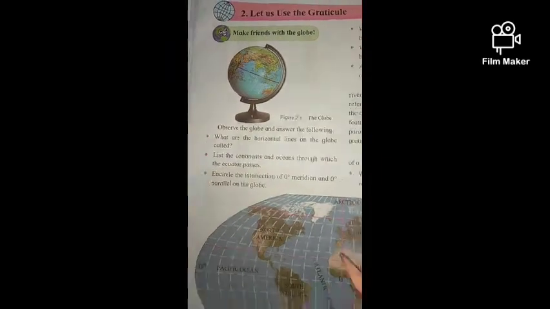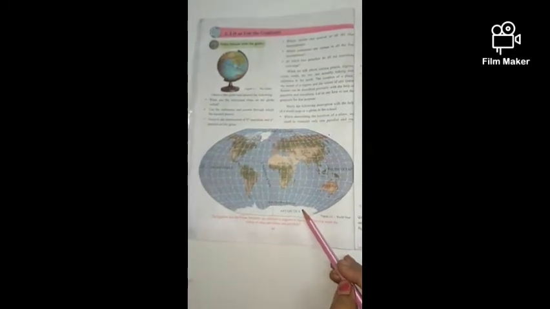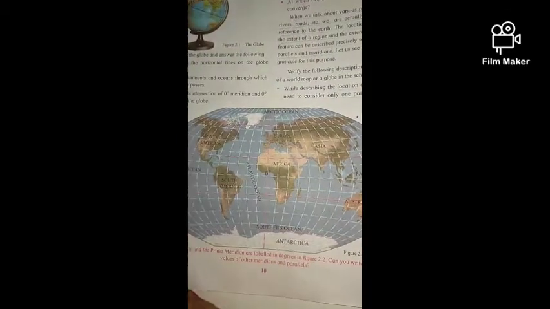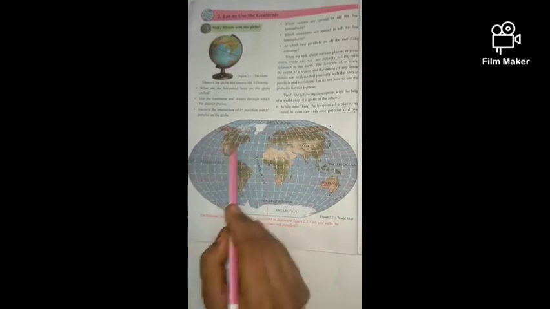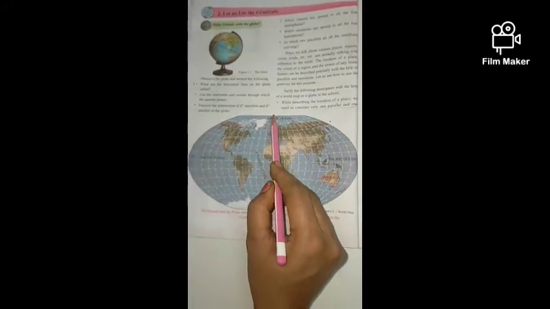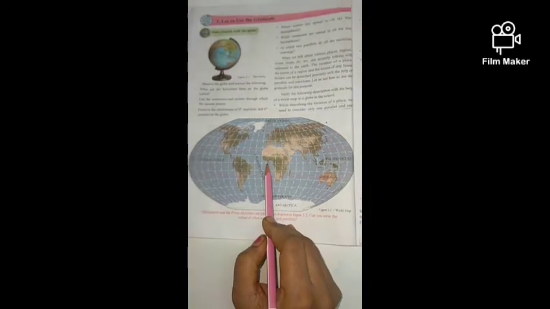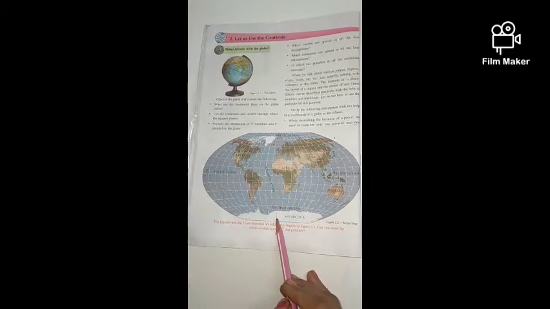Now see figure 2.2. This center is 0 degree. This is the equator, and the line which joins the North Pole and the South Pole also measures 0 degree. This is the prime meridian.